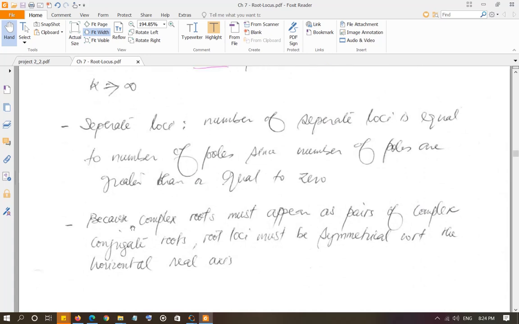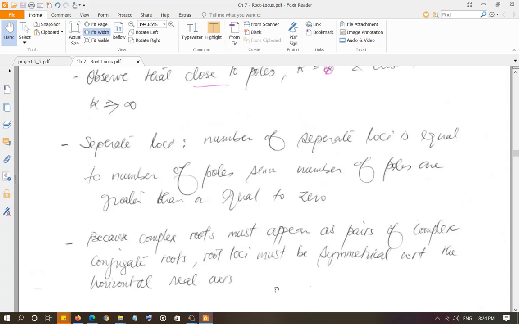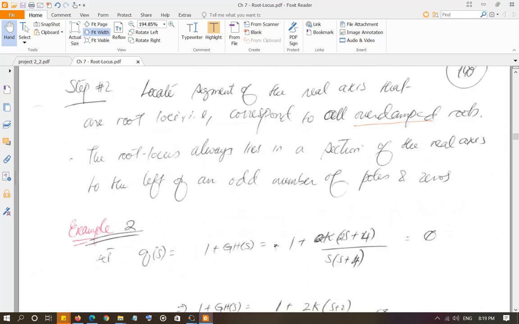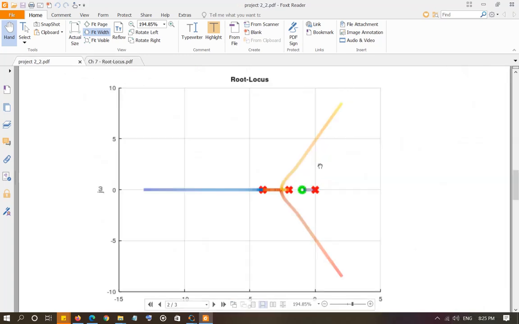Another characteristic of root locus is complex roots. Whether you have complex poles or zeros, complex roots always come in complex conjugate pairs, so the root locus is always symmetric with respect to the horizontal axis, and you can see that in this example as well. Observe that it is symmetric with respect to the horizontal axis.